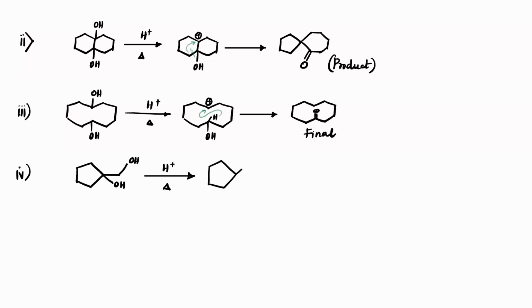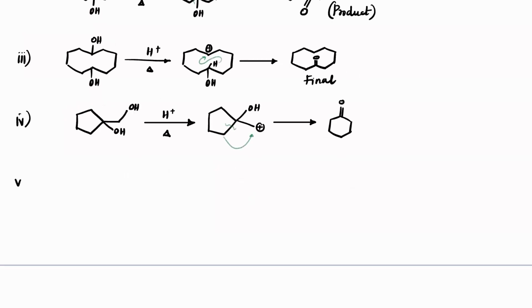So first you will get a positive charge here by removing that outward alcohol, and then the ring expansion will take place. Bond will go here and you will get a 6-membered ring with a double bond O. So this is the product you will get. Got it? I hope all of you are following that.